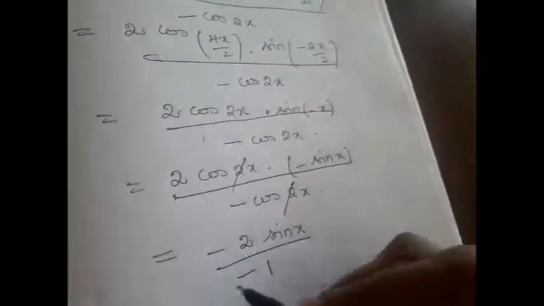Now which is equal to 2 cos 2x, sin of minus x, we know negativity will get affected, so this will become minus sin x, the whole divided by minus cos 2x. This cos 2x and cos 2x we can cancel it. So which is equal to, since it is product, this will become minus 2 sin x. Denominator we have another minus 1. Cos 2x we cancelled it. So minus minus will get cancelled. So which is equal to 2 sin x. That's what we need to prove, which is our right hand side.